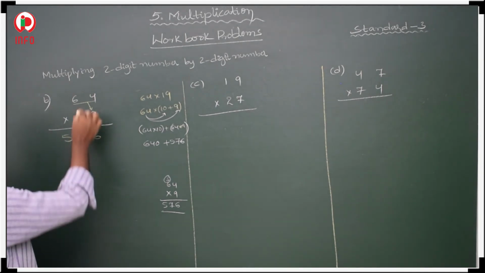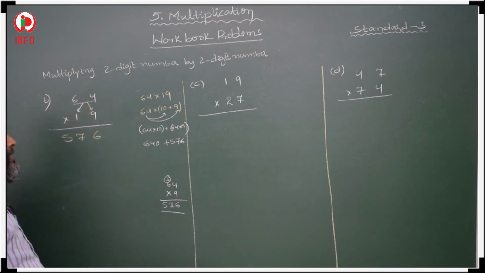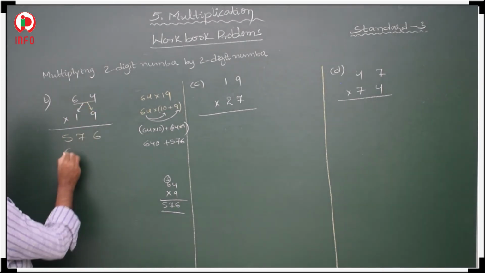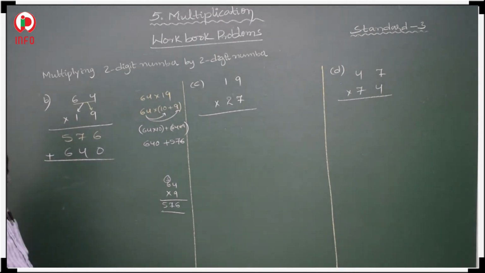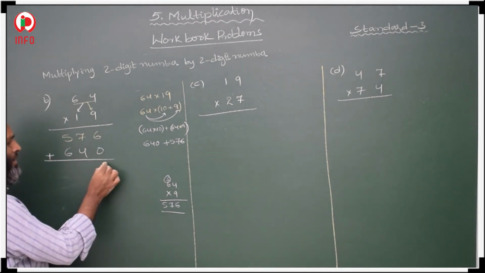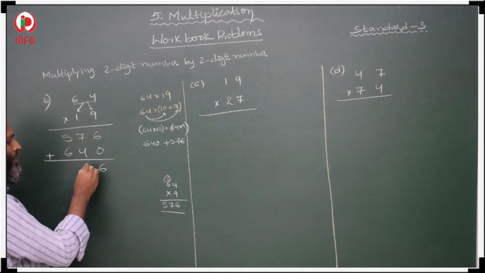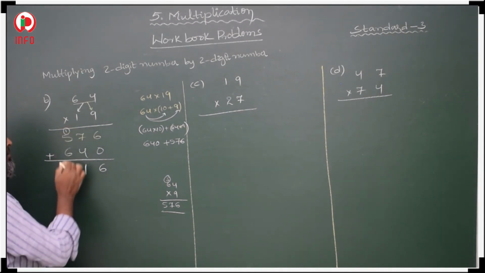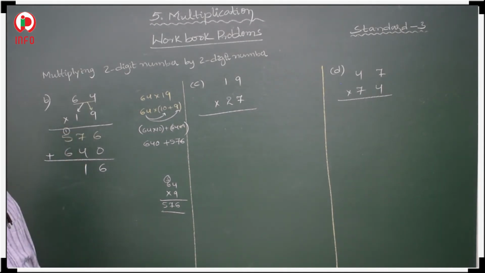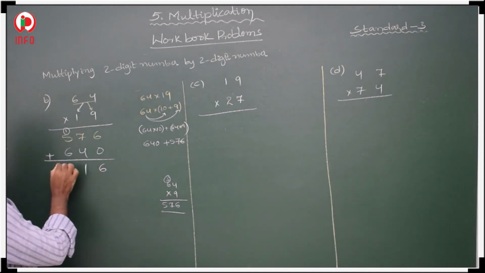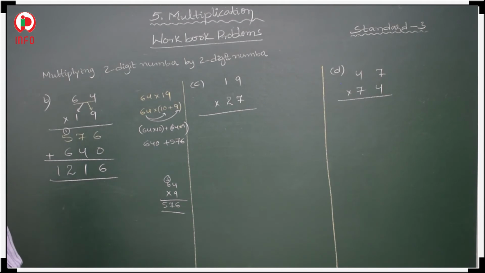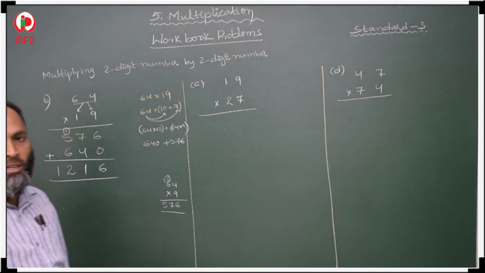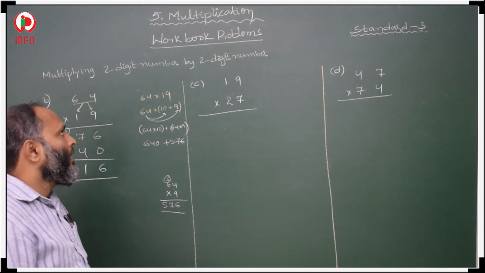Next 64 tens are 640. Now add: 6 plus 0, 6; 7 plus 4, 11; 6 plus 5, 11 plus 1, 12. So 1216. This is our answer.